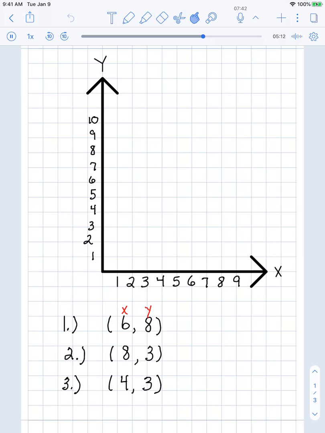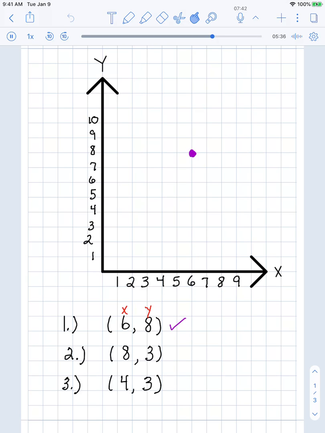Count over to where the number 6 is, and then you're going to go up on that line until you meet the number 8 line. And so if you look, it would be right there. I didn't ask you to label it because we're actually going to make a picture this time. So that is the coordinate 6, 8, and I have finished that one.